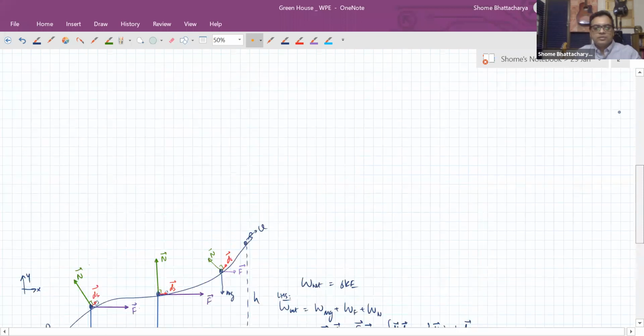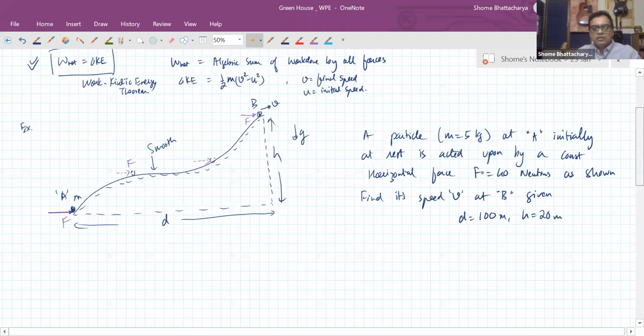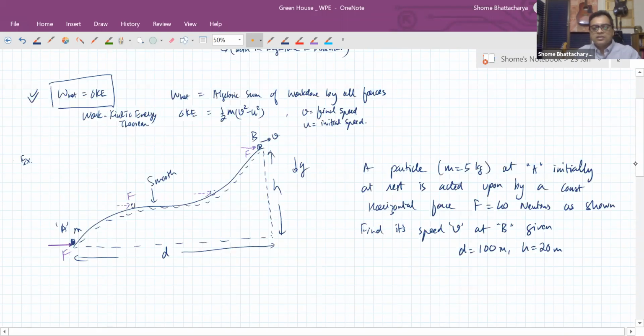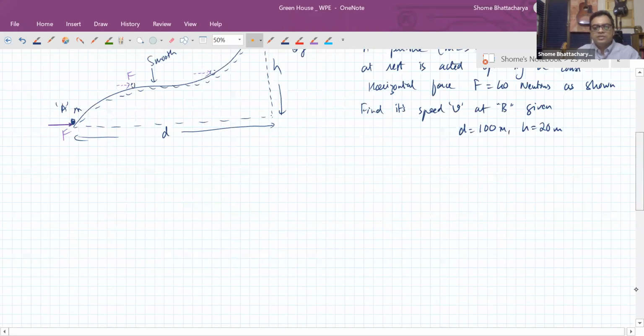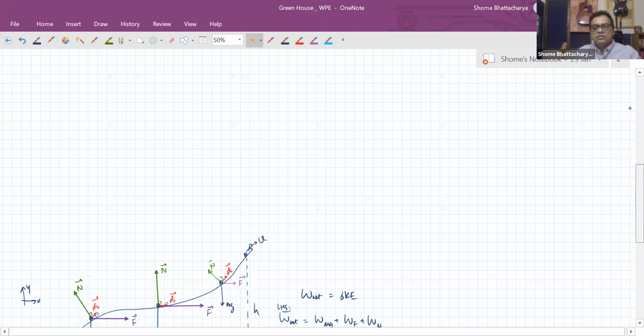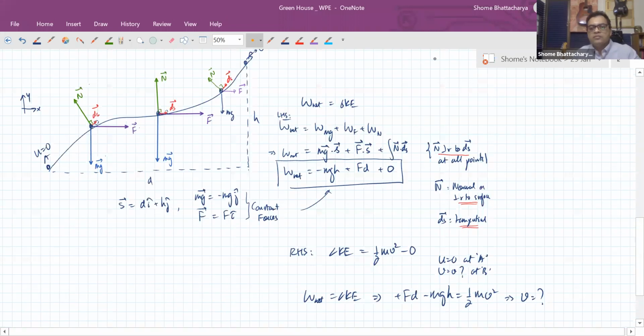I'll just pick up these values and show you. M is 5 kgs, D is 100 meters, F is 40 newtons, and H is 20 meters, and take g as 10 meters per second square.